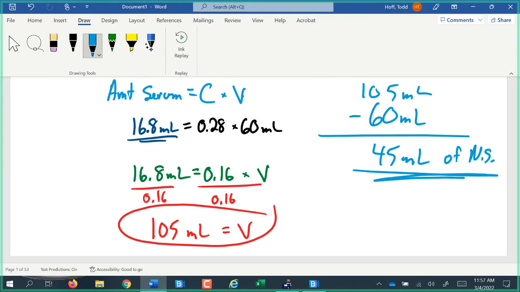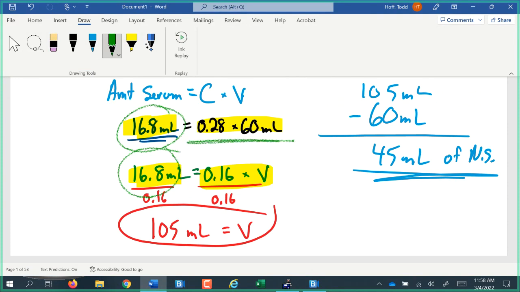Well, as we look at what we did here, we used that solution formula to find the amount of active ingredient, the amount of serum. Then we used the serum back in the solution formula to find the new volume. This number here is always going to be the same. So really, if you look at systems of equations, we can set this part of the equation equal to this part of the equation.